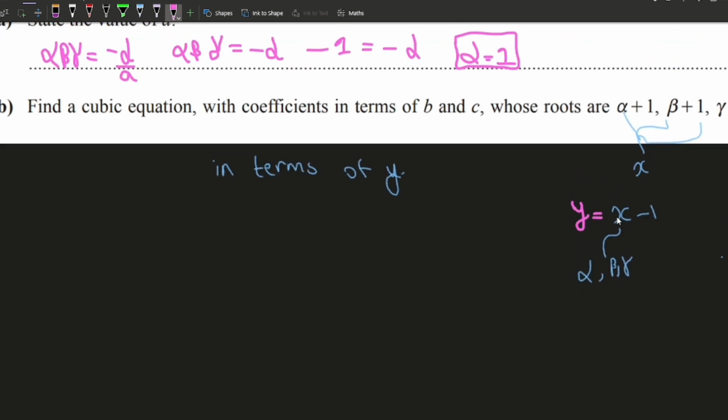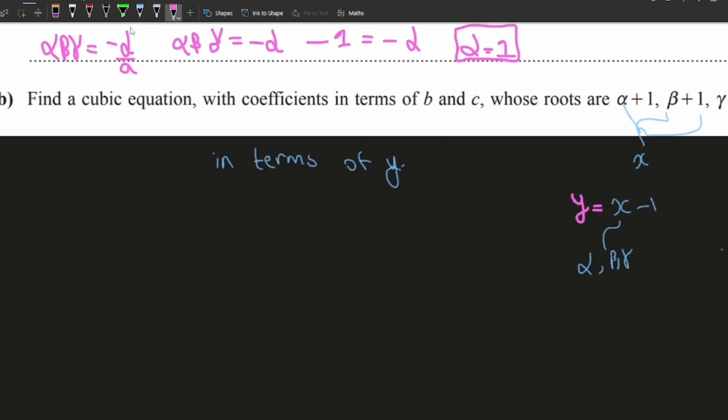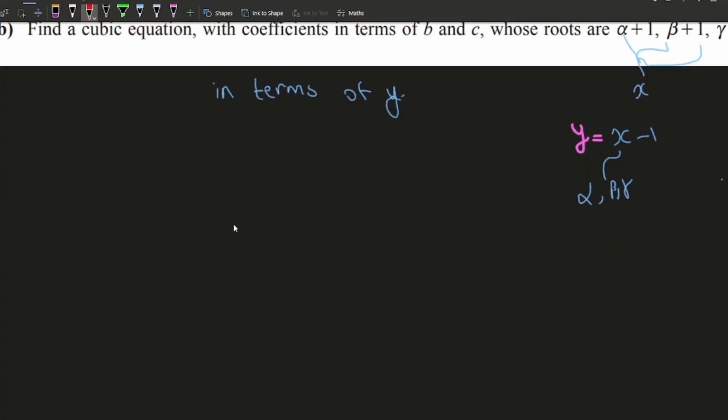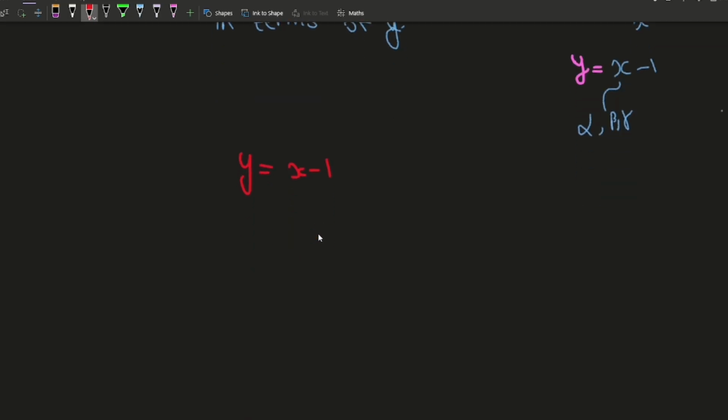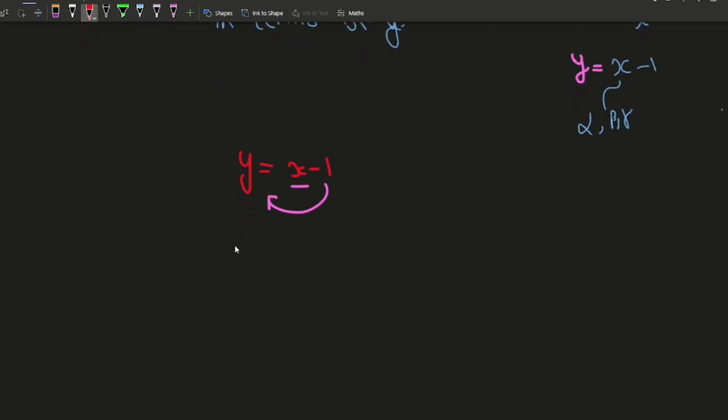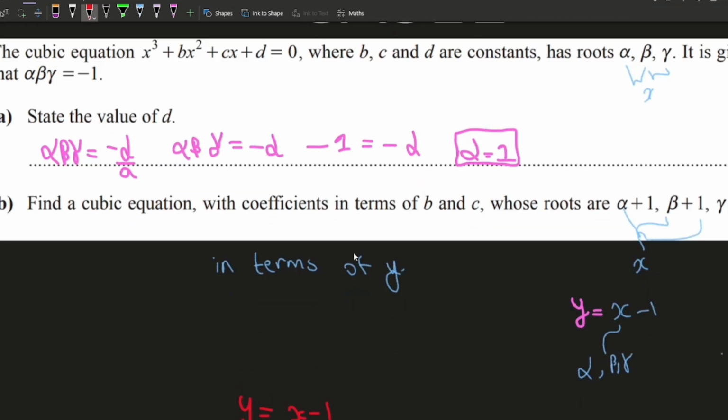So now let me change the color. Now we have this equation, y is equals to x minus 1. Now we will make x the subject by taking 1 to the other side. So this will be y plus 1 equals to x.